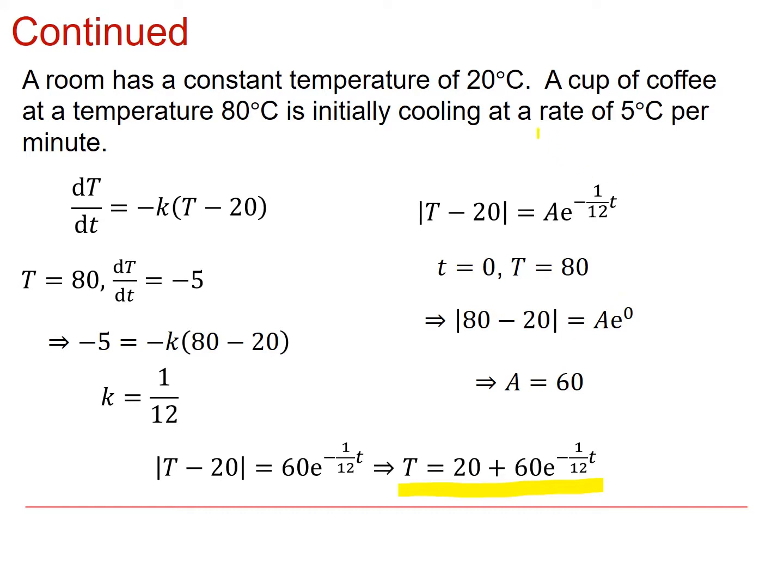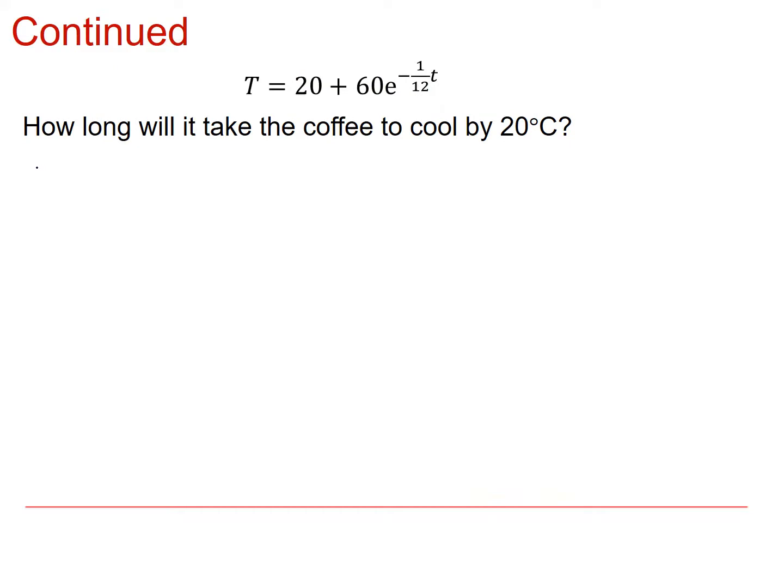The final part of this then will be to look at the question that we were actually asked, which was, how long does it take to cool down by 20 degrees? Well, for this, we want the temperature of the coffee to be equal to 60. And so if we stick that into our equation, we've got 60 is equal to 20 plus 60 lots of e to the minus 1/12 t.